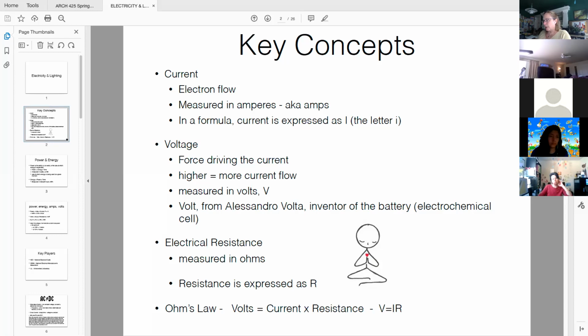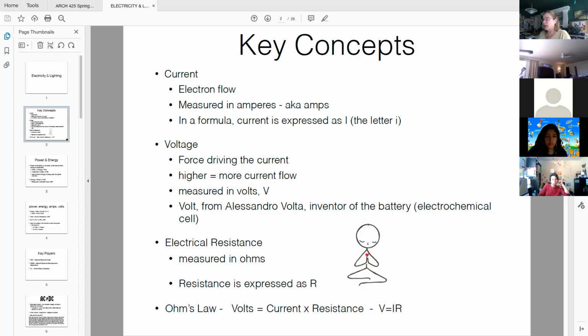For formulas, it's expressed as a letter I. I have no idea why, but it's measured in amps or amperes, and that's where the electrons are moving down the tube, which is the wire.